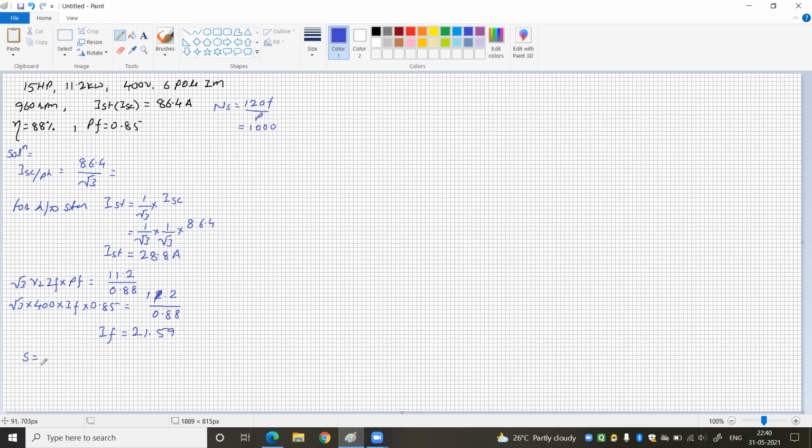Therefore, slip under full load condition is equal to 1000 minus 960 divided by 1000 is equal to 0.05.